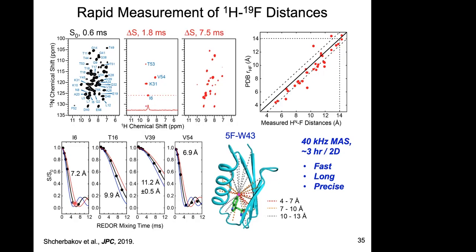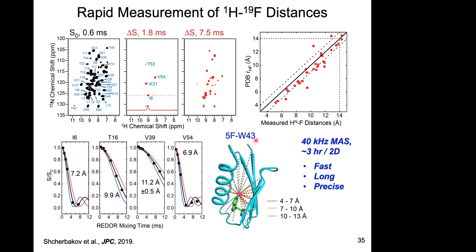And just based on where the drop happens, you can already easily back of the envelope figure out what's the coupling strength. Okay, we get different sites that we monitor intensity, and then we get different distances. And this gives you an idea just from the single incorporated fluorine at a tryptophan 43, you basically can catch distances to various amide hydrogens in a GB1 backbone.